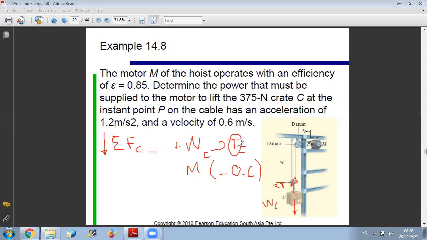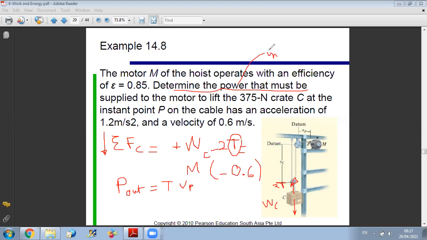And once I have the value of T, I can say that the output power is T times V, the velocity at point P. But it's not enough because they want the total power. It determines the power that must be supplied. This is the input.